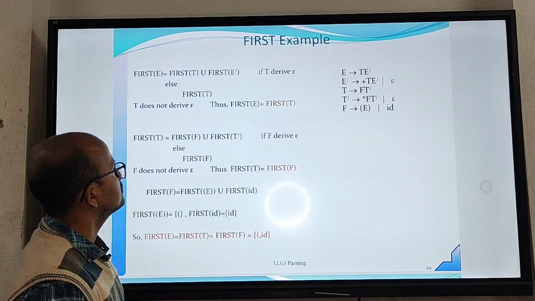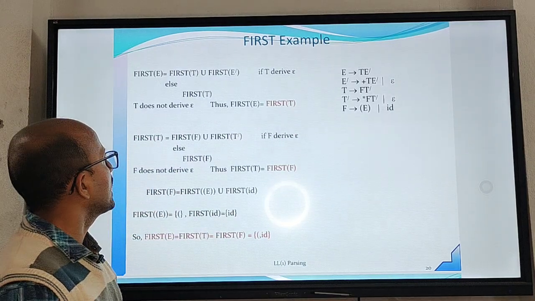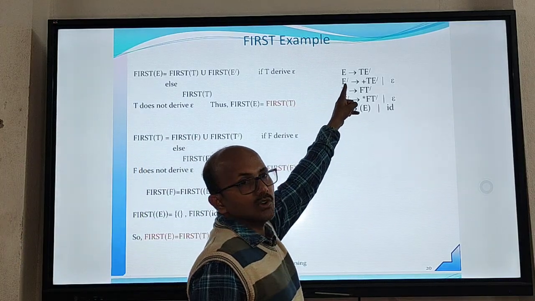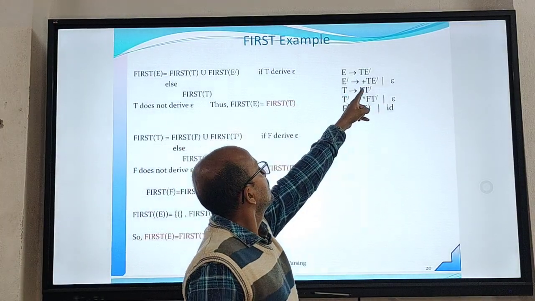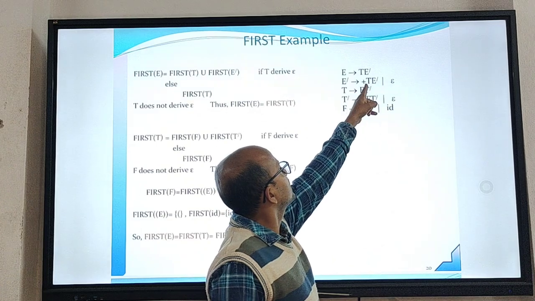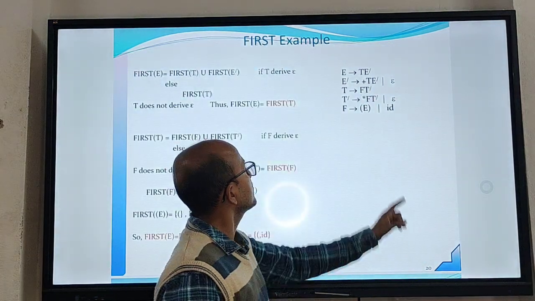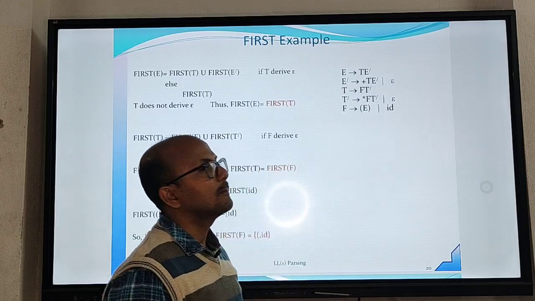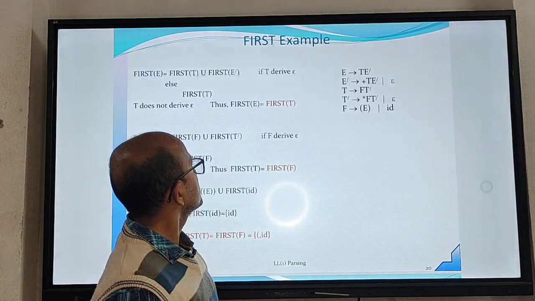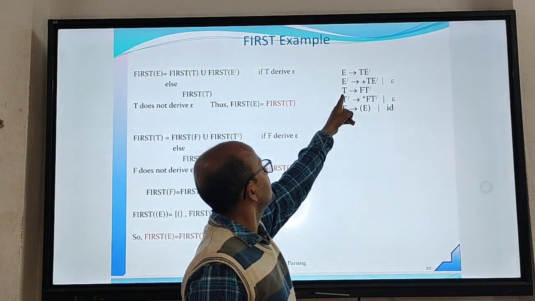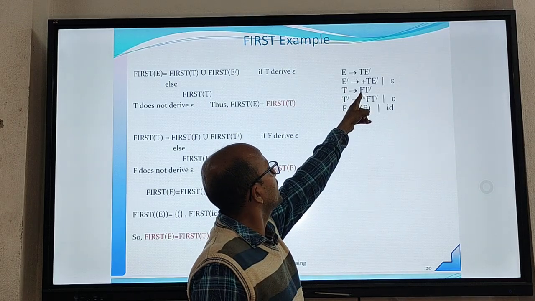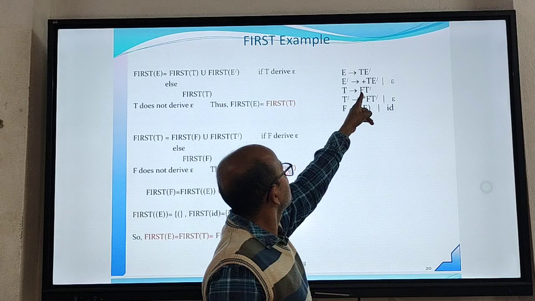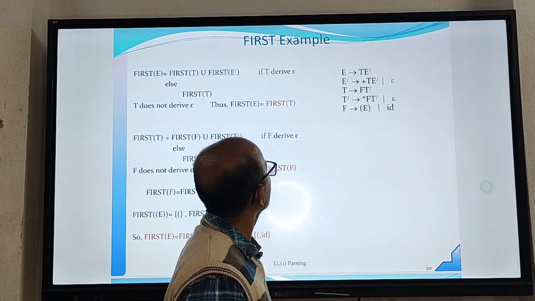Again, for calculating the first of E prime, the terminal symbol generated by E prime is the plus symbol here. Again, E prime produces epsilon, so the first of E prime is equal to plus and epsilon. Similarly, the first of T is basically the first of F union first of T prime, if first of F generates epsilon or not.